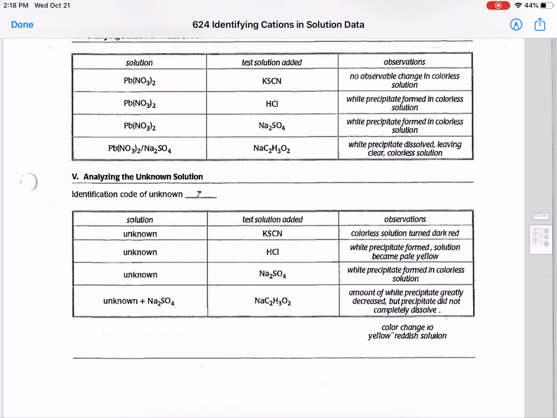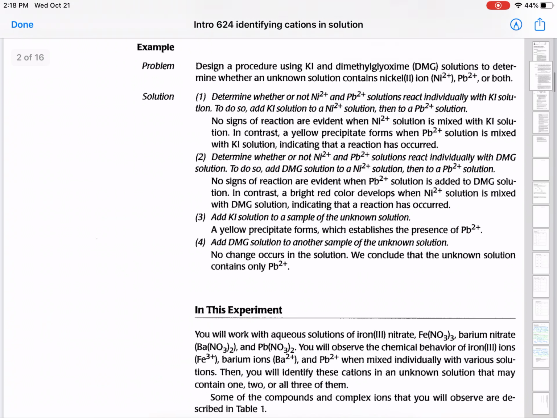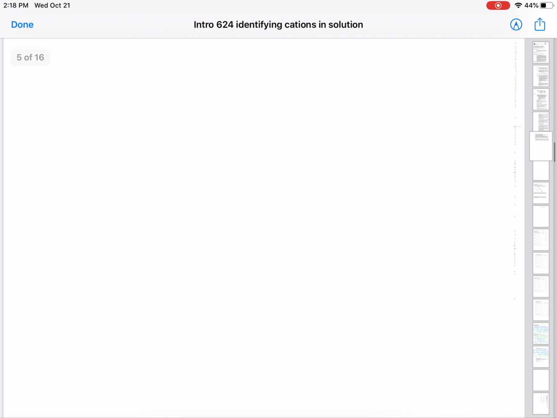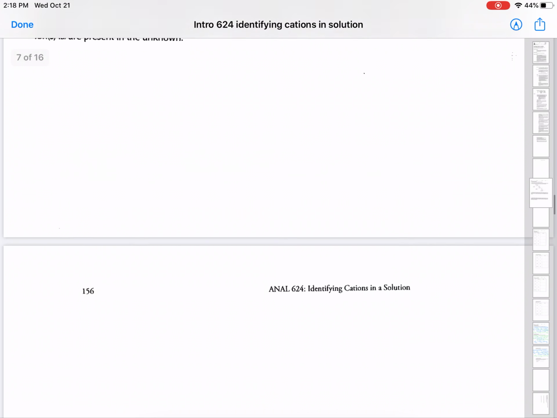So we can conclude our solution has iron, lead and barium in it. Okay, so you can answer that, and that's all you guys need to do. Yes, so just do that part. That should be good enough. Don't worry about this part.